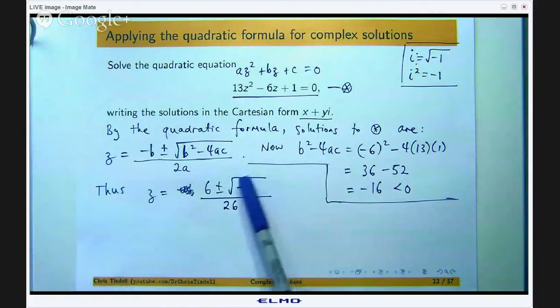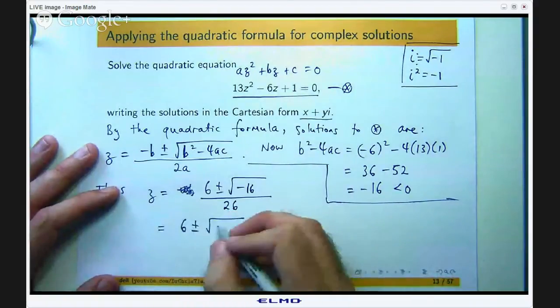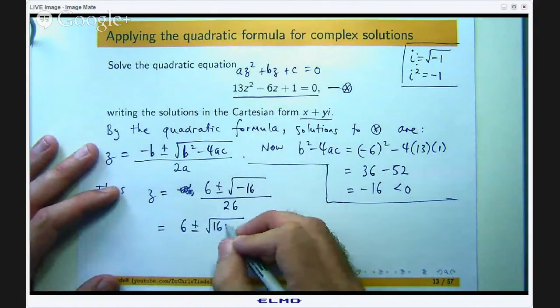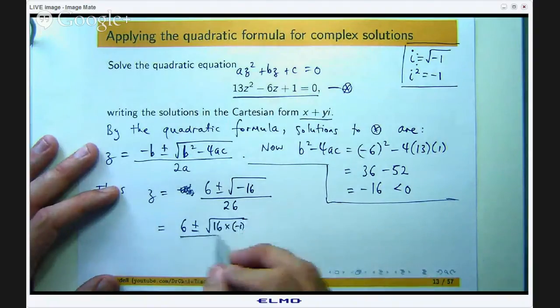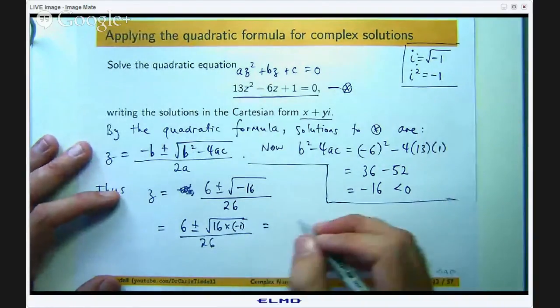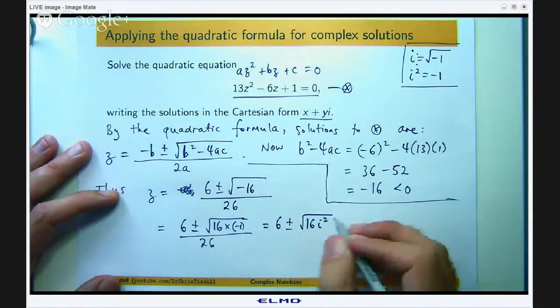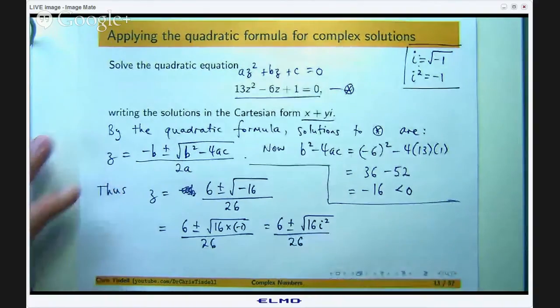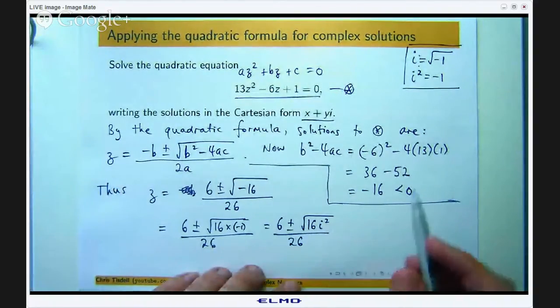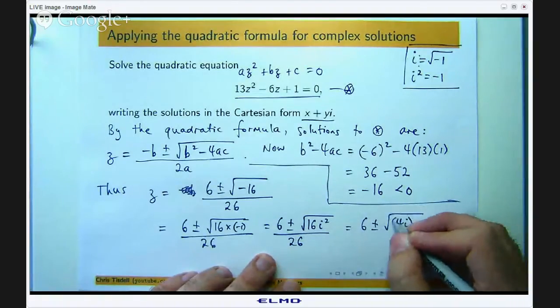Okay, so some of you may realize that the square root of -16 is 4i, but let me just write an extra line down here. Think of -16 as 16 times -1, and I can write -1 as i squared. Okay, so now I can write 16i squared as (4i) all squared.